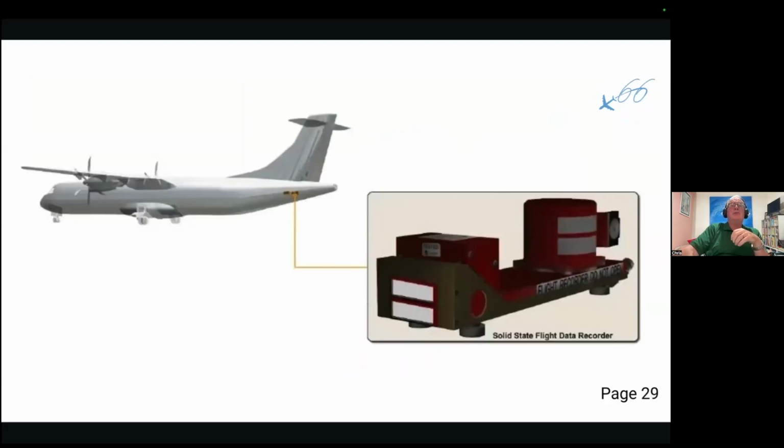All right, so the location of the SSFDR or black box is in the safest area on the aircraft. We want it to survive any accidents, crashes, whatever. In this case, it's in the aft equipment bay here. Okay, and that's where it lives.